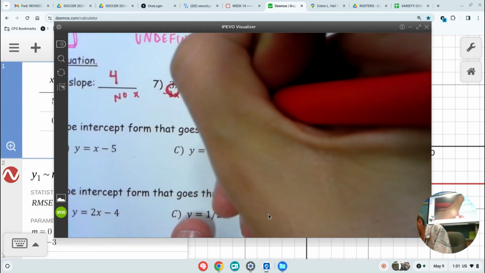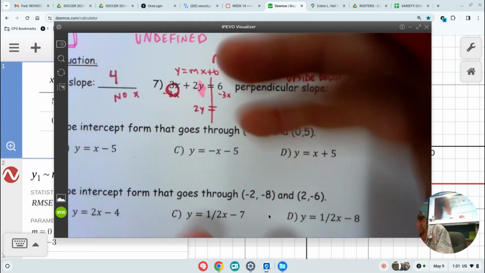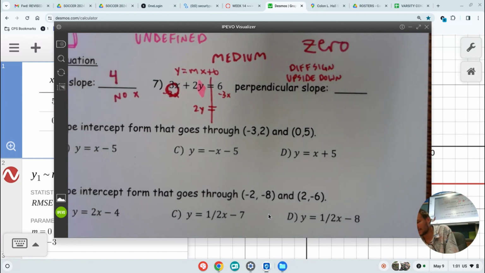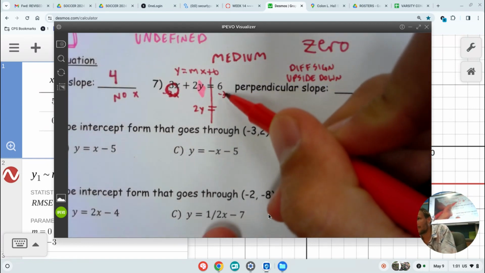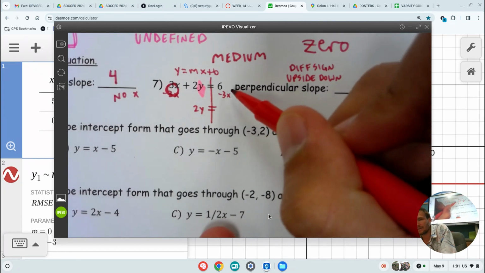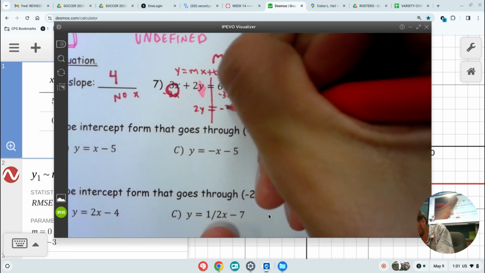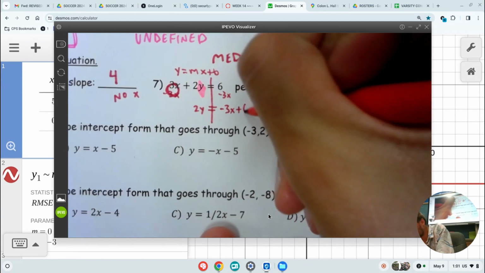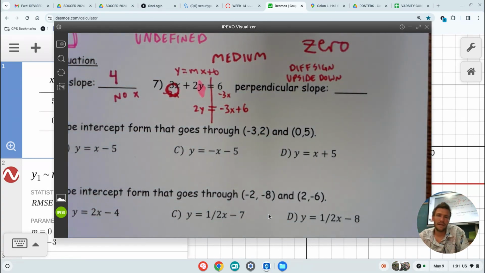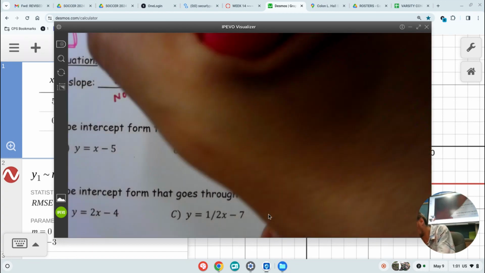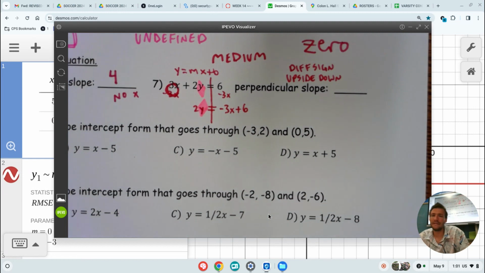We're going to have 2y equals, and I know it's been a long time since we did this, the 6 and the 3x do not combine together because the 6 has no x. So negative 3x first. Yep, negative 3x plus 6. Is this slope-intercept form? Not yet, because we have to have the y all by itself, which means the 2 is still a problem.